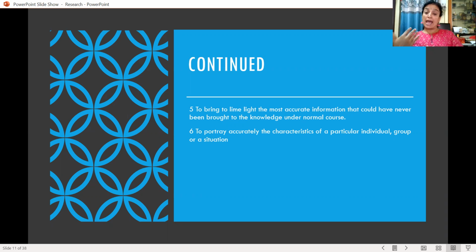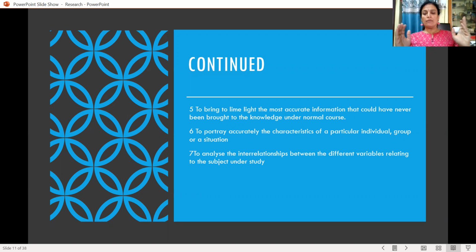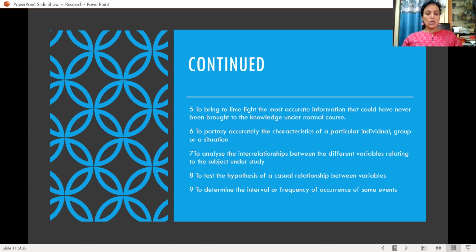What is the characteristics of it? So we have to understand that. To analyze the interrelationship between different variables relating to the subject under study. To test the hypothesis of a causal relationship between variables. To determine the interval or frequency of occurrence of some events.